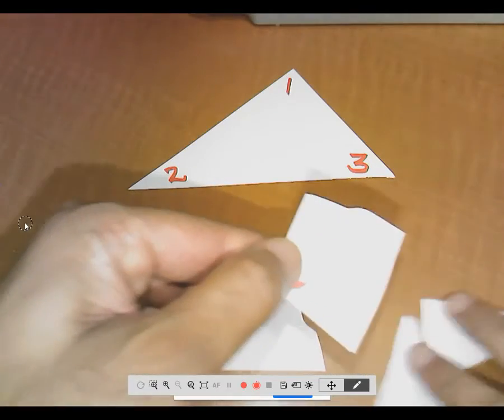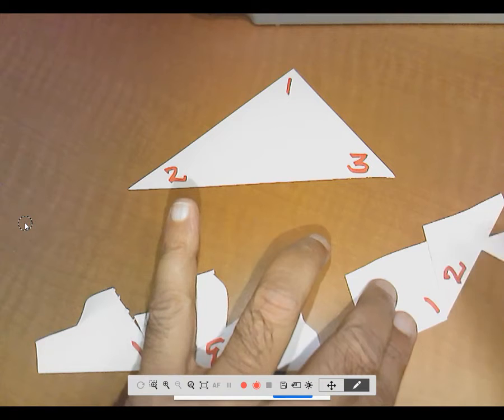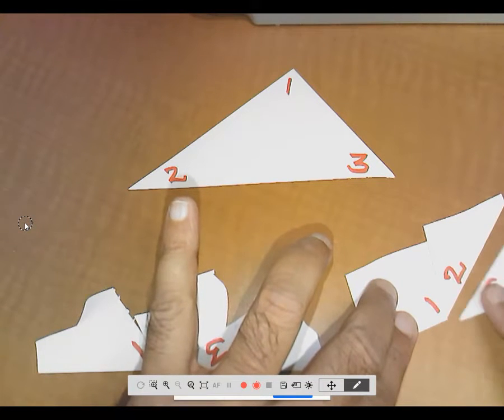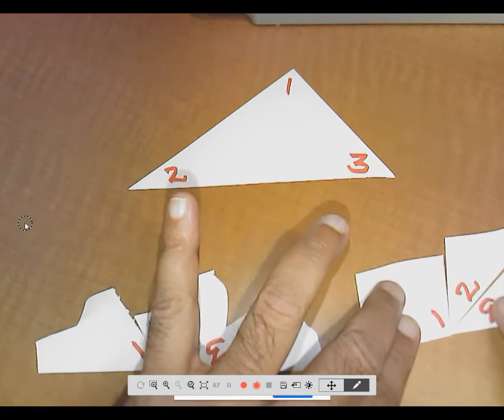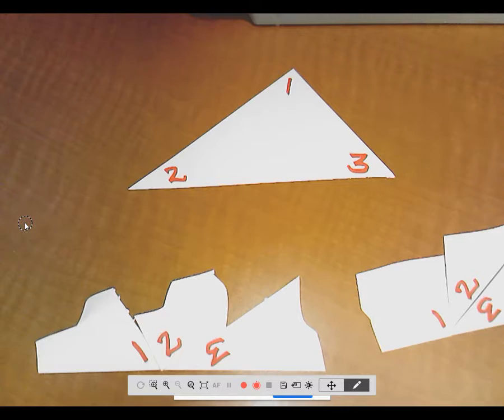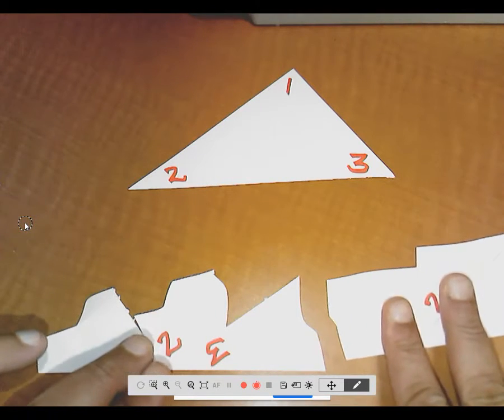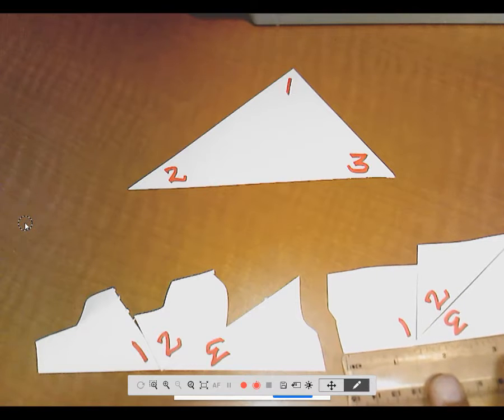Now let me place them side by side. These angles, angle 1, angle 2, angle 3. My gosh, I see that again a straight line. So I hope you remember that a straight line makes 180 degrees. Let me place the straight edge ruler under this. I see that it's a straight line.